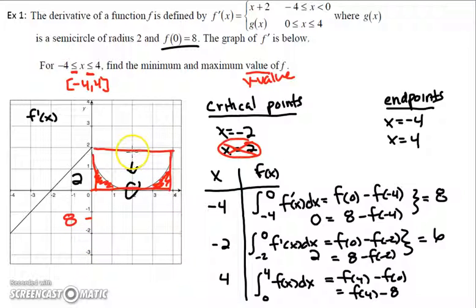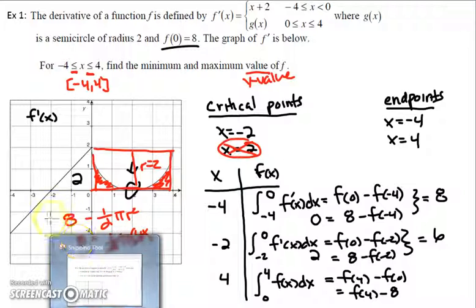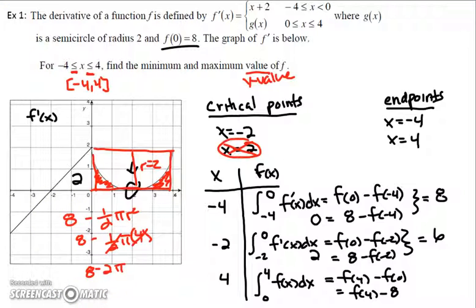The radius of that semicircle is 2. So we're looking at 1/2 pi r squared, so 8 minus 1/2 pi times 2 squared, which is 4. 4 times 1/2 is going to give us 2 pi. So I know that the integral is 8 minus 2 pi.